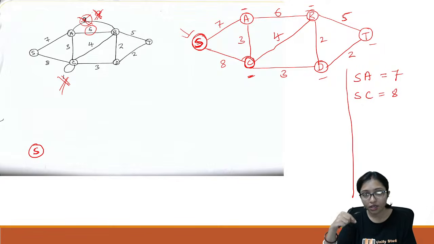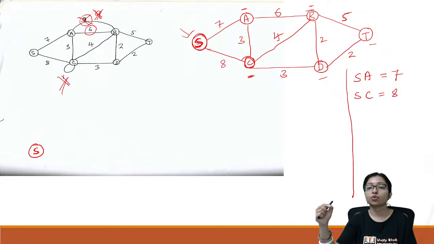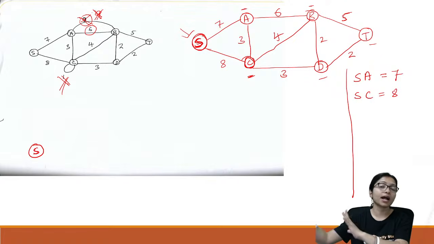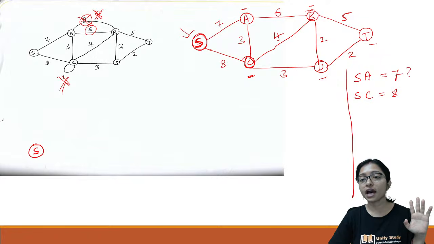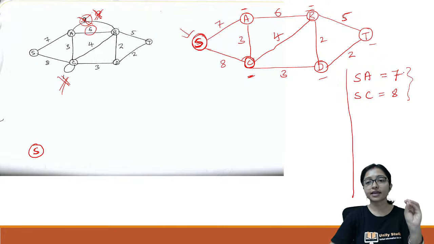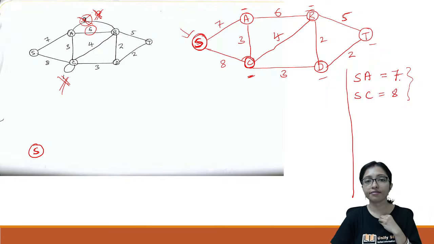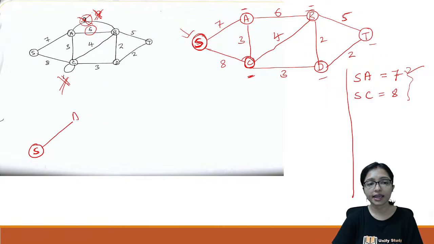Where I am and what is connected with me, what is available to me, I can take only that. The other part is not visible to me. Think like that. Now in my available list, SA and SC are available to me. Which one is minimum? Minimum is SA. That's why I will take SA here. Got it? That is 7 now.